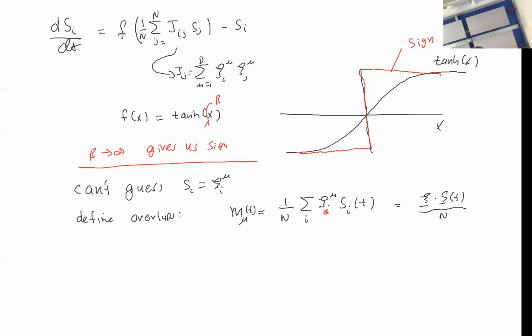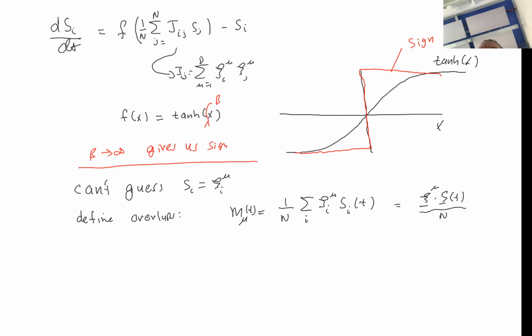If these are parallel, this is going to be large, and it can't be bigger than 1. If this is nearly perpendicular, this is going to be very small. So it tells us the extent to which the activity lines up with a particular memory. And what we're going to do is write down dynamics for m_mu of t, and that's pretty easy.